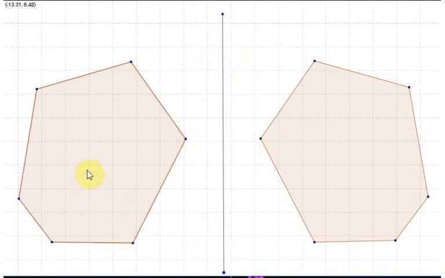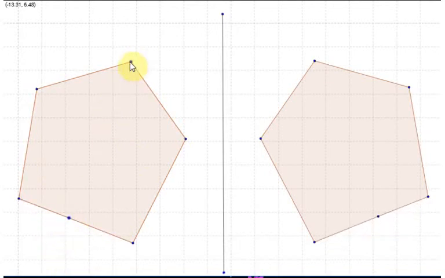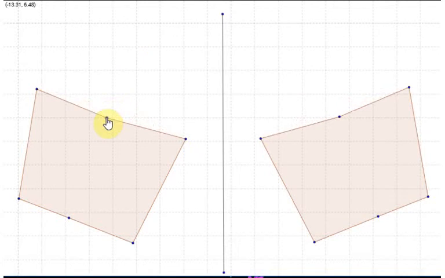So I have made a recap of lines, points, and figures, because we have a figure. I can change this figure to be any kind of figure I want, and you will see that I have the same figure in the other part.